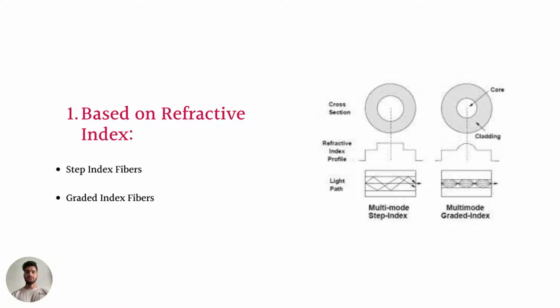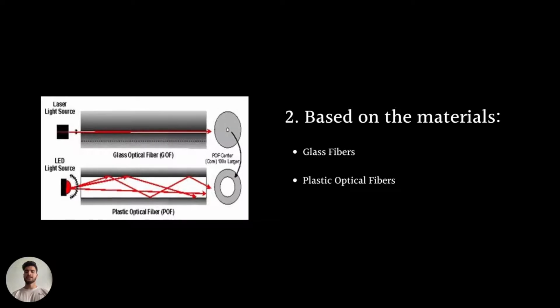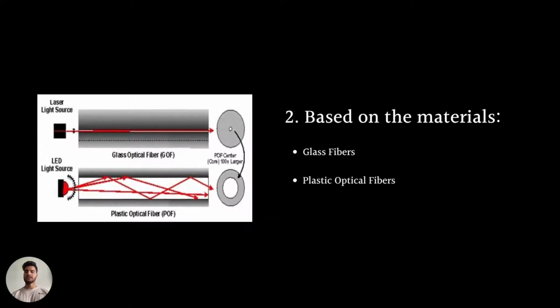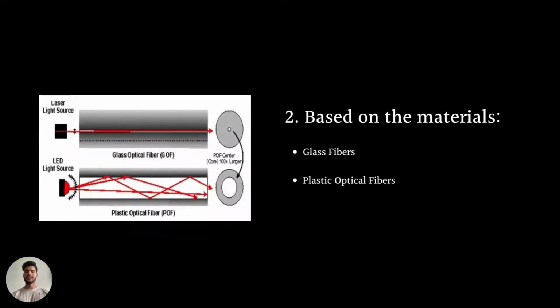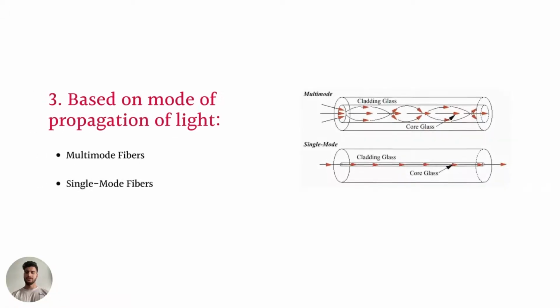Graded index fibers: the refractive index of the optical fiber decreases as the radial distance from the fiber axis increases. Based on the materials: glass fiber, it consists of extremely fine glass fibers. Plastic optical fibers: polymethyl methacrylate is used as a core material for the transmission of the light.